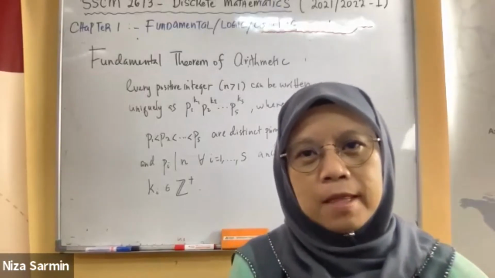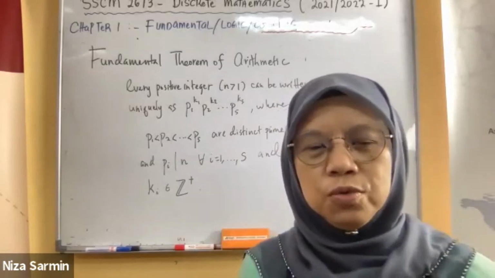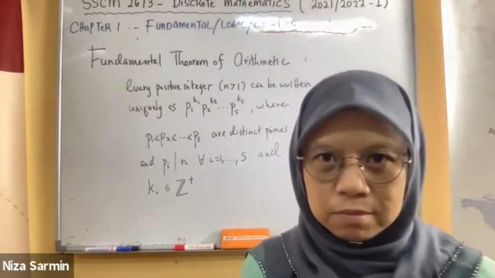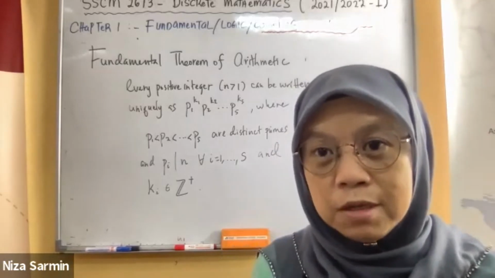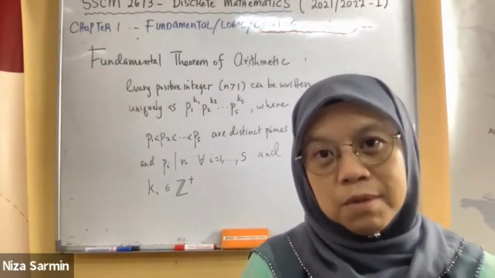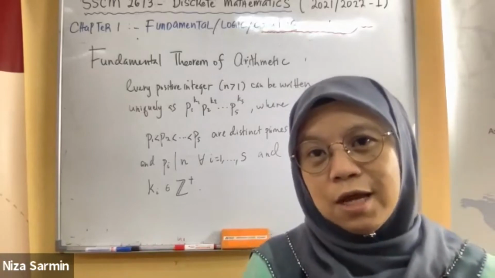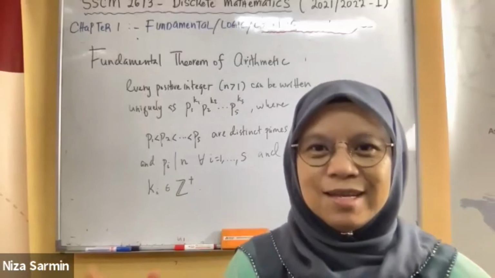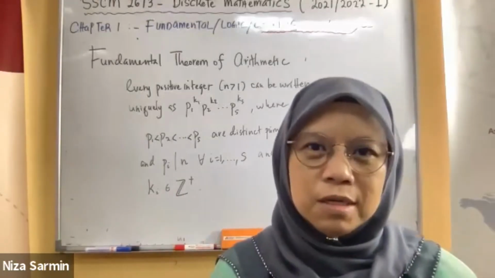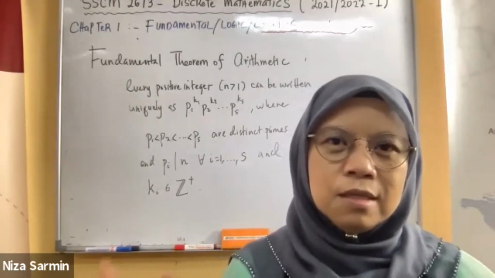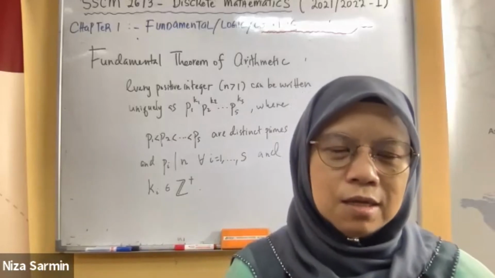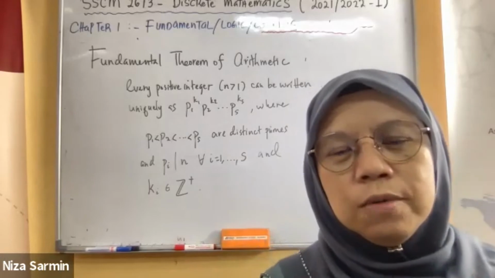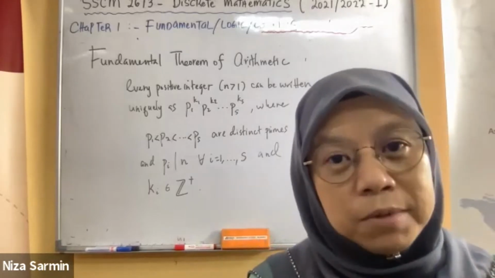If somebody asks you why 1 is not a prime number, you know the definition of prime number? A number P is prime if the only divisors are 1 and itself, right? So why is 1 not a prime number?